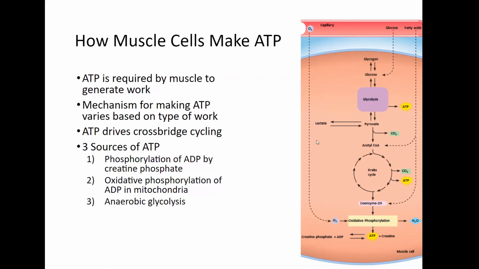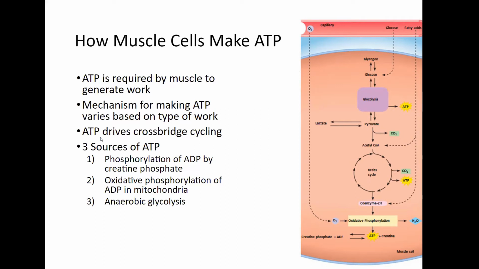Okay. So ATP, we're going to need it to do work with our muscle. And we are going to be able to use this process in our muscles, but different fibers are going to focus on different methods of ATP creation. Okay.